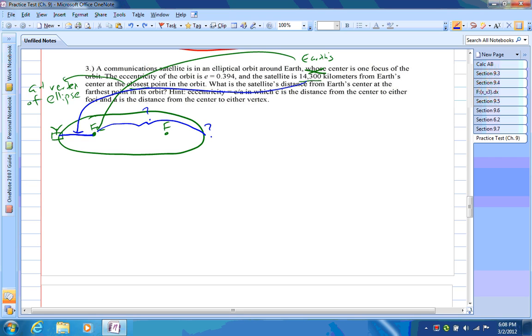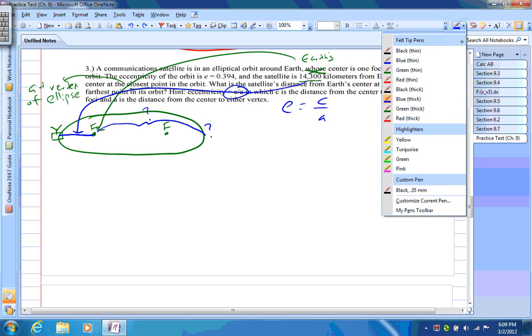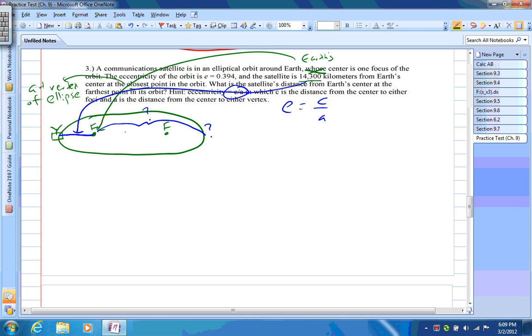So I give you a hint. Eccentricity equals C over A. And of course, you know C is the distance from the center to either foci, and A is the distance from the center to either vertex. Well, going back to my diagram, let's say that's the center.